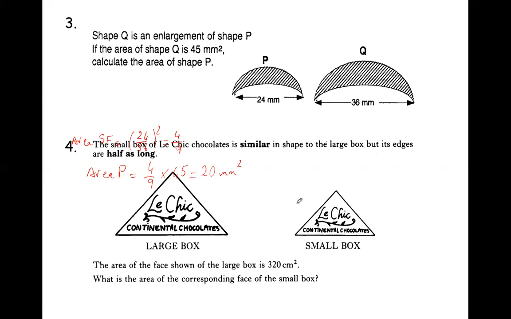So you would say this is half. If this is 2, this is 1, so it's 1/2. Then you do 1/2 squared for the area scaling factor.